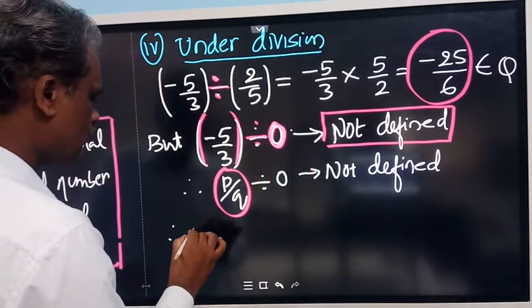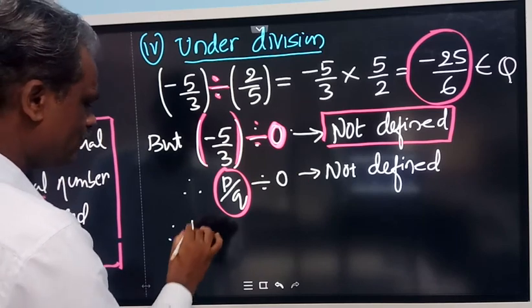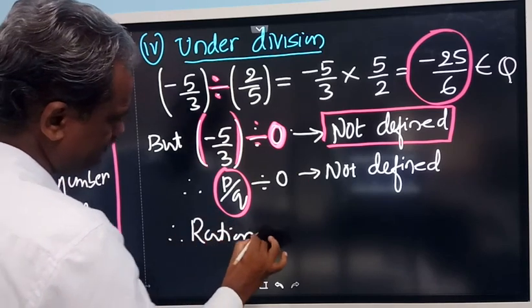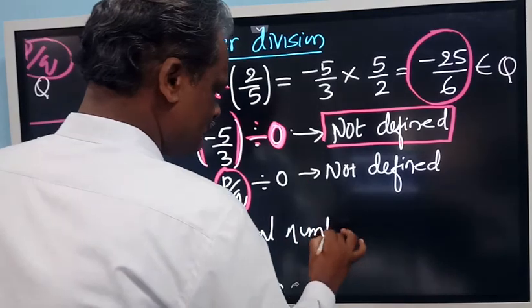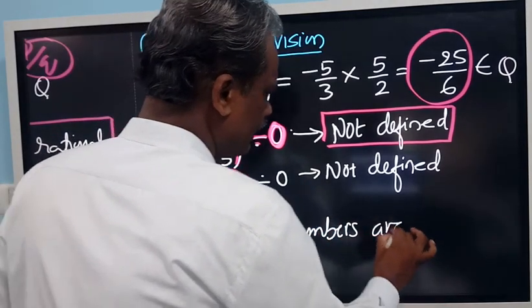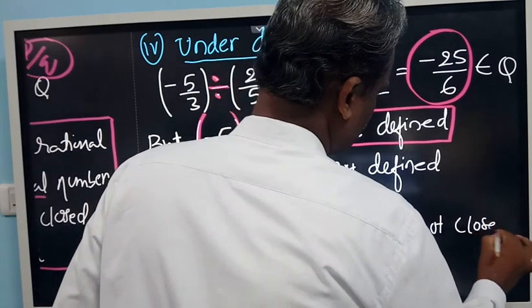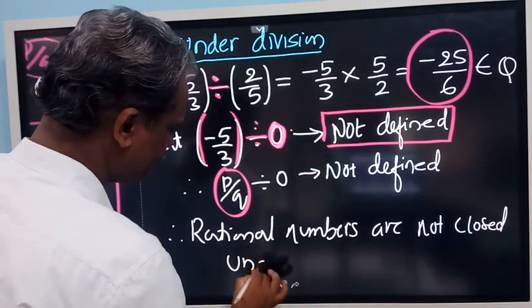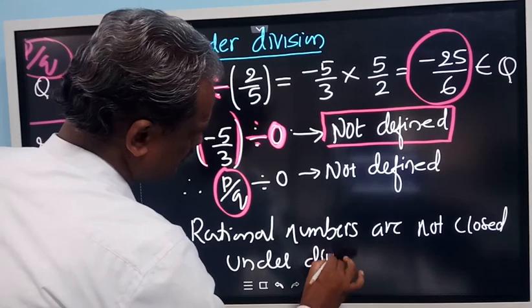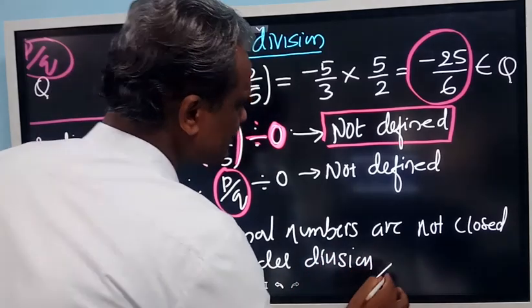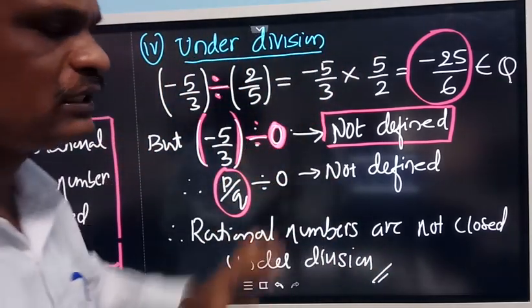Therefore, these rational numbers are not closed under division, even though it satisfies all other numbers except 0.